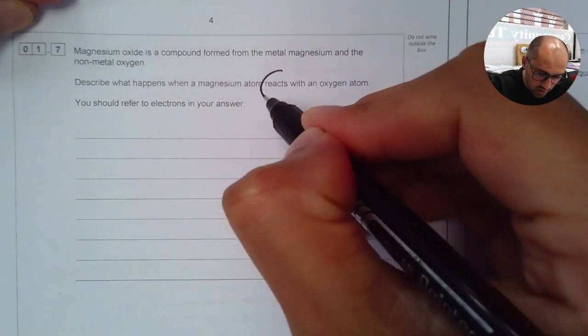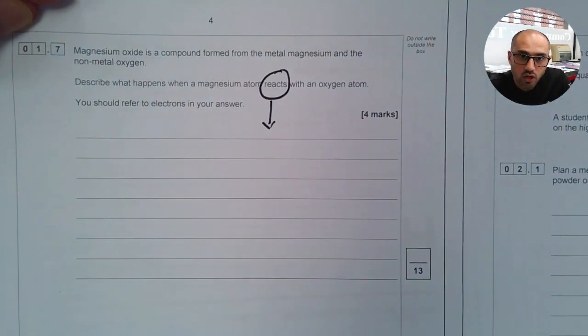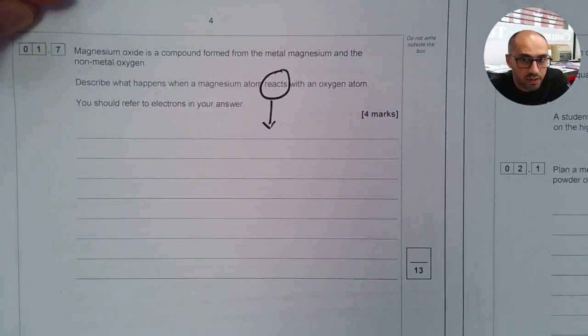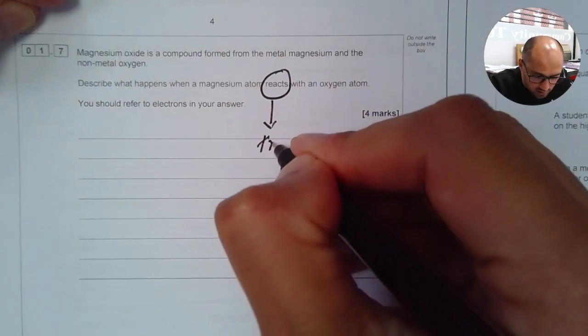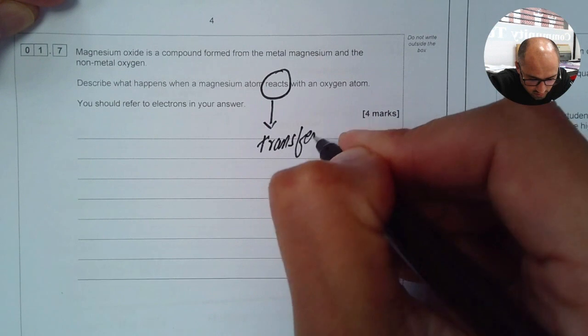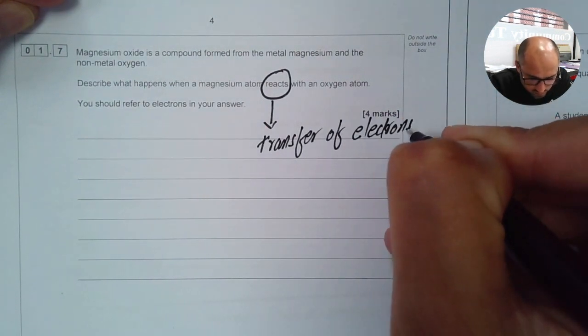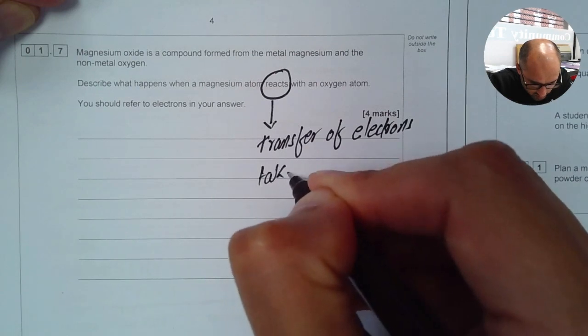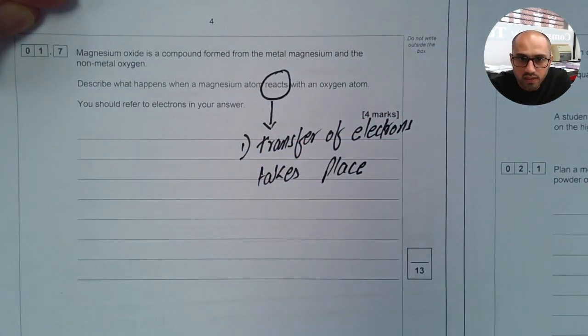This is the key word here. So you have to remember reacts means there will be either transfer of electron or sharing of electron. But because it is the ionic bonding, so in this case, we'll say transfer of electrons will take place. You'll get 1 mark for saying this.